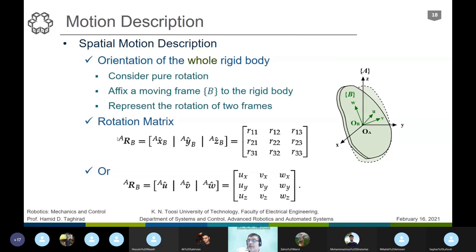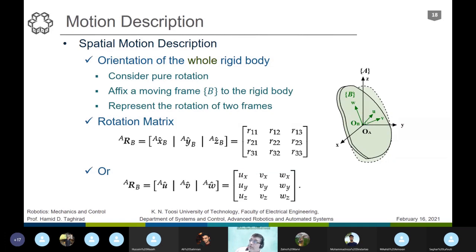We say that it is a matrix with 9 elements. This matrix has 3 rows and 3 columns. The first column is x hat of B with respect to A. X hat of B means the U vector here. Consider the x of frame B. The x of frame B is U, the U hat, and it is a unit vector.